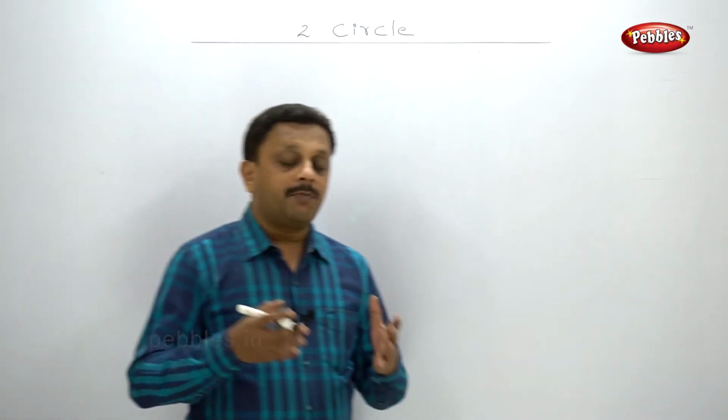So only the knowledge of circle is not enough to solve the problems in this chapter. So we will keep our eye on the problems themselves rather than the theorems. I will explain the theorems, but I am not going deep into the proofs because hardly will you get the proof of a theorem in your exam. Sometimes you get it, sometimes you won't. But the main important thing is the problems based on this chapter.